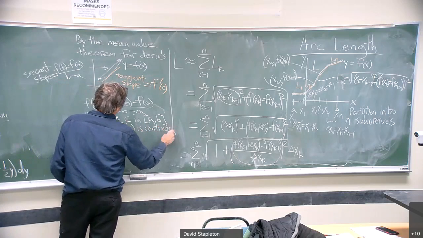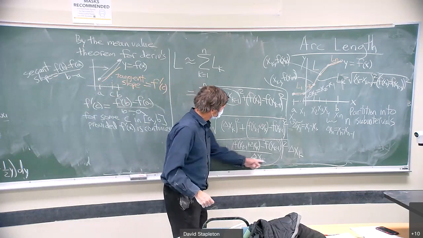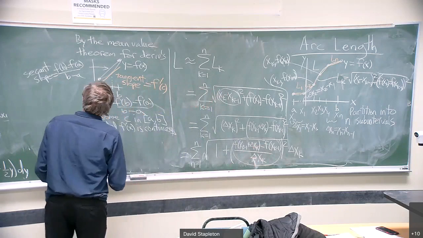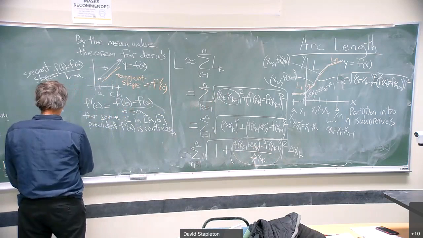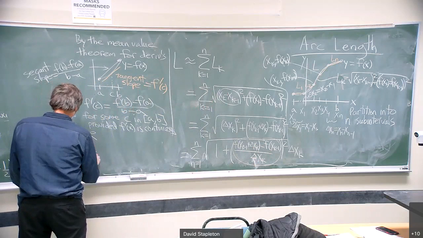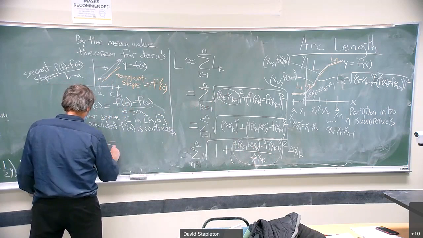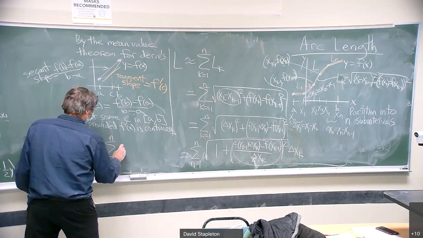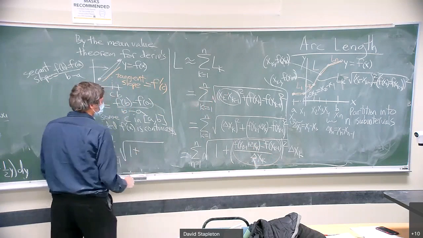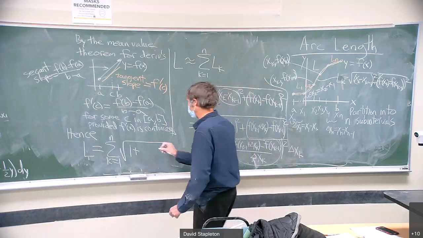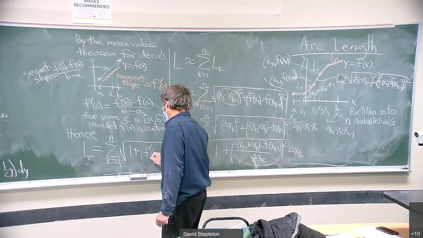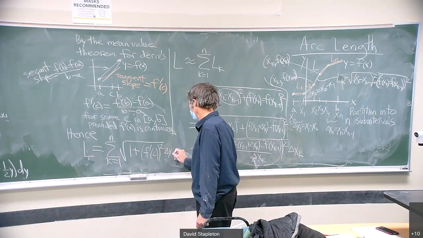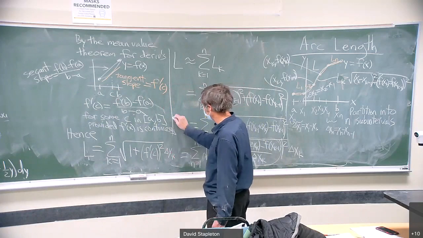Well, guess what? If we assume that f is continuous over here, this is a secant line. If you think of this as b and a, and this is b minus a, because it's the increment. What we have now is that L can be rewritten as the sum k equals 1 to n of the square root of 1 plus, and this being the secant line, we can rewrite it as f prime, the slope of the tangent line for some c in the interval, and then delta xk on the outside still.